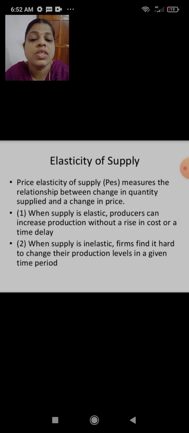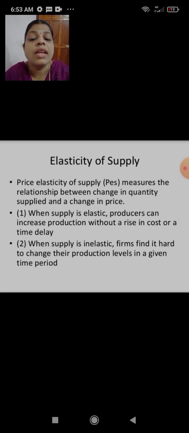Elasticity of supply measures the relationship between the change in the quantity supplied and the changes in the prices. And I told you there is a positive relationship between the price and the quantity supplied in the market.